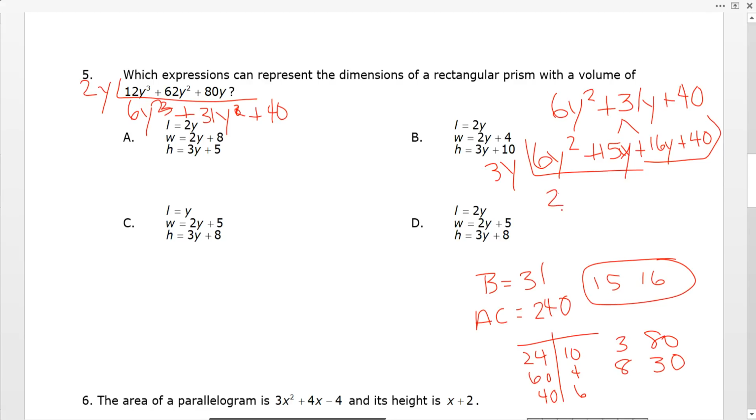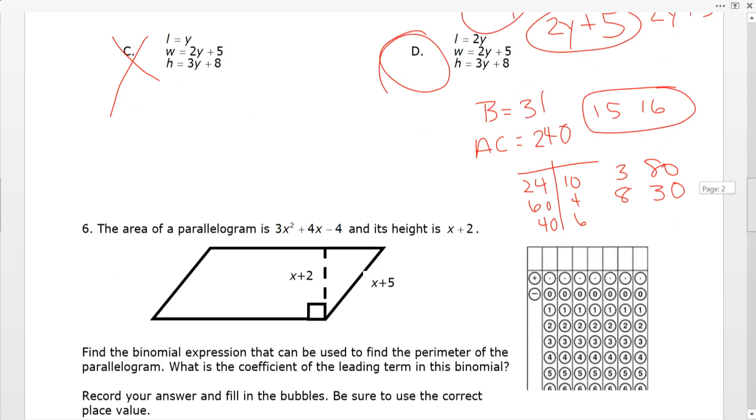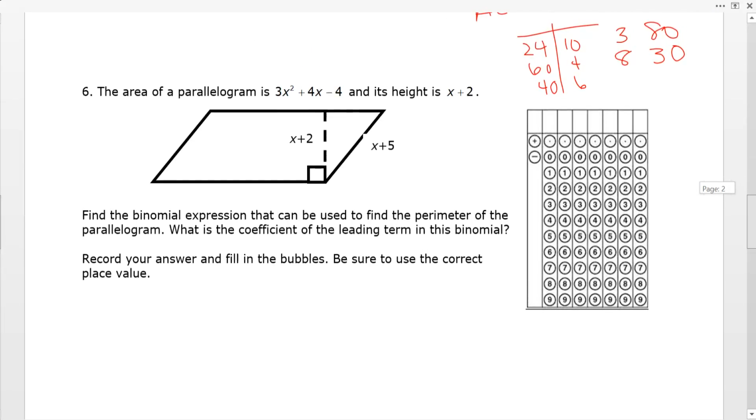So I end up with 2y plus 5, and I divide by 8 and I end up with 2y plus 5. So my answer is 3y plus 8 and 2y plus 5. So it's not C, D. All right. Almost last one.